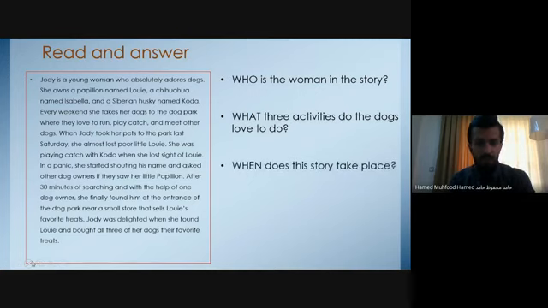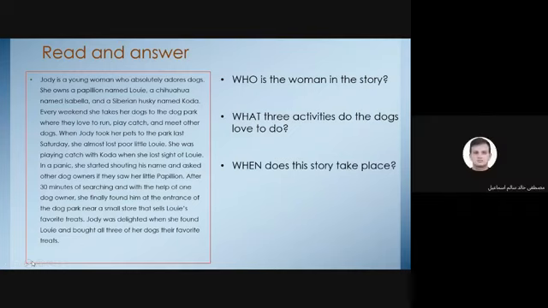When does this story take place? Mustafa? In the dog park. When, not where. When. Louis at Saturday. Yes. When she took their 3 dogs to the dog park.